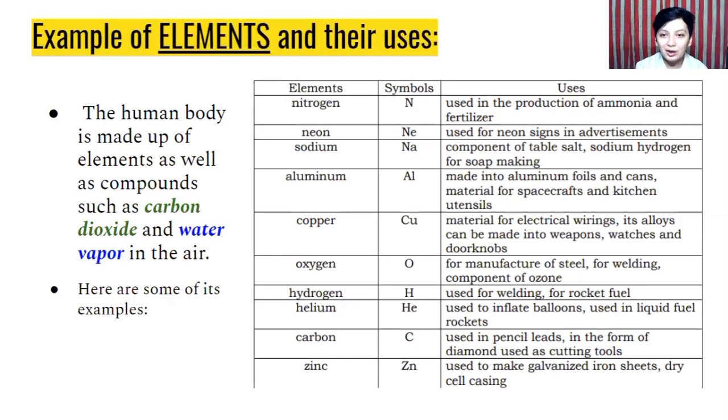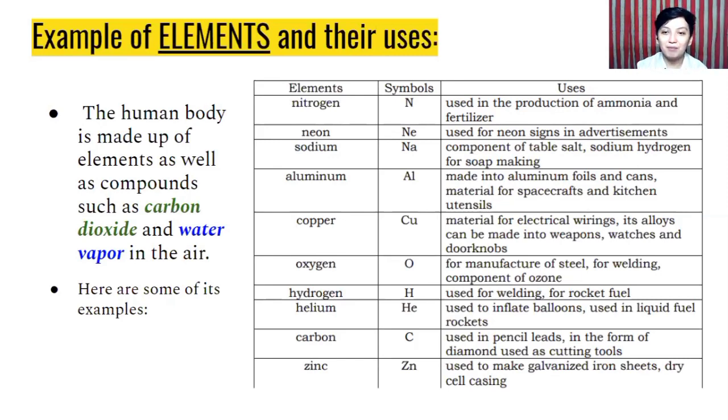Sodium, Na, a component of table salt. Sodium hydroxide for soap making. So our soap is also made up of sodium. Then aluminum, Al, made into aluminum foils and cans, material for spacecraft and kitchen utensils. Copper, Cu, material for electrical wirings.